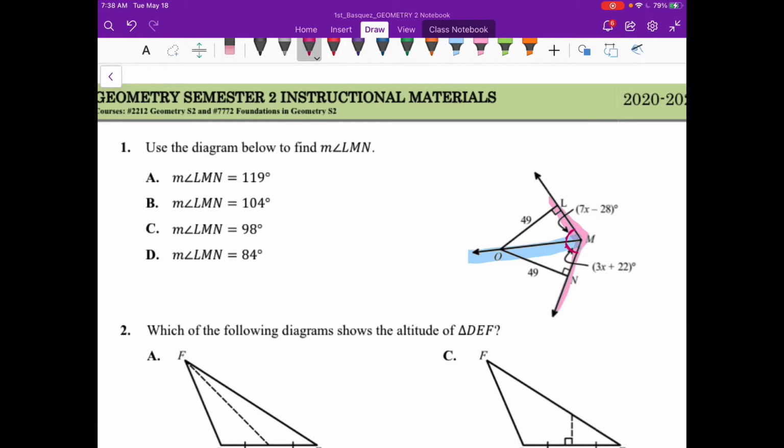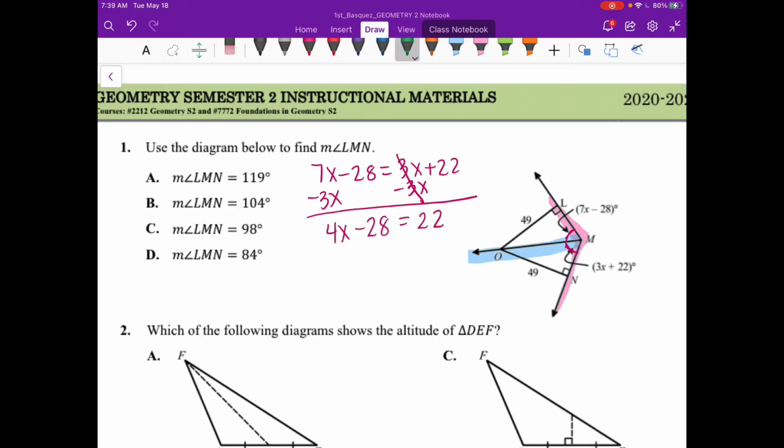So I can go ahead and set the values 7x minus 28 equal to 3x plus 22 and begin solving for x. Again, I can do this because that is an angle bisector that I highlighted in blue. So I'll be subtracting 3x from both sides so I can start solving for x. When I do this, I get 4x minus 28 is still there, equals 22.